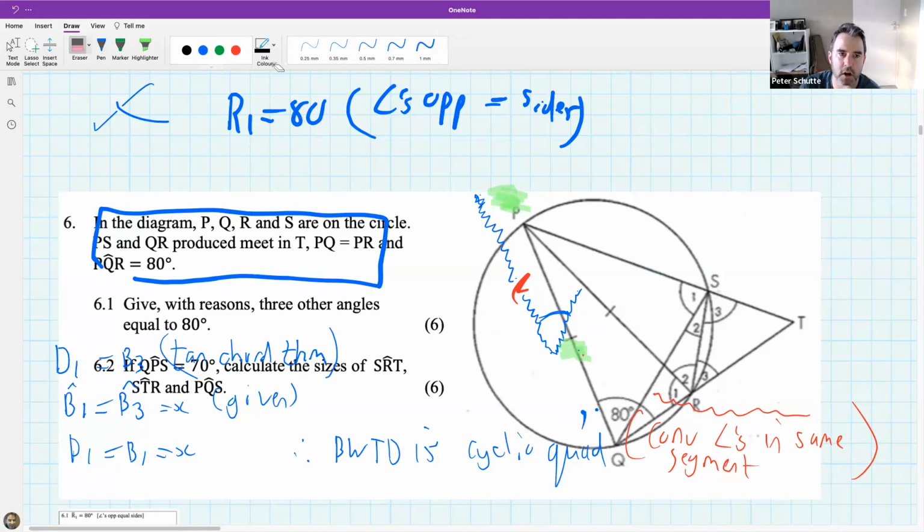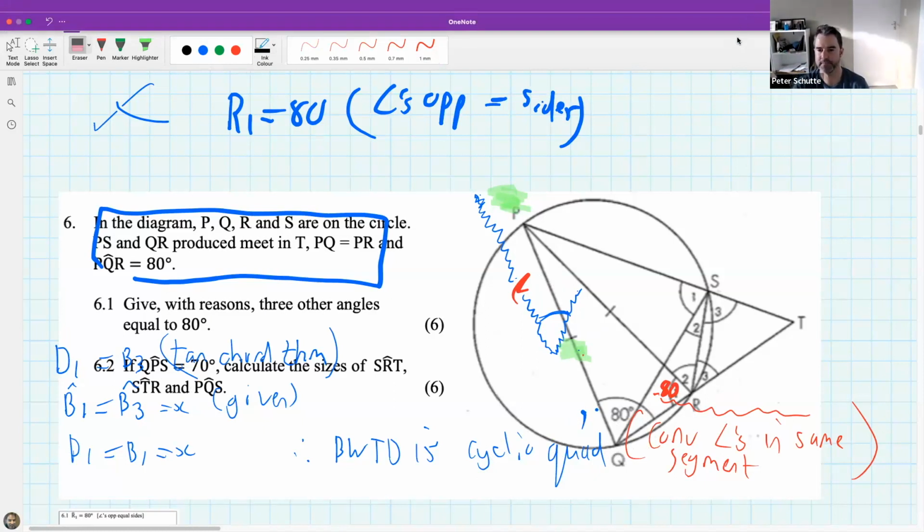So we know that this one over here is going to be 80. What else could be 80 in this drawing, if you can see through all the clutter? Is there a butterfly here that could help us find an 80?